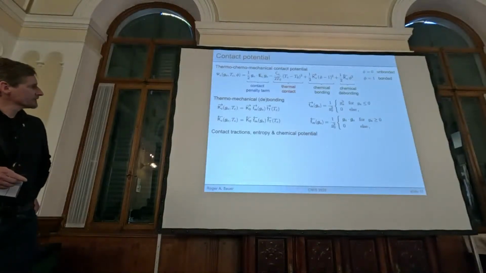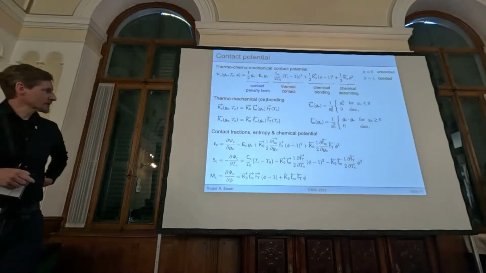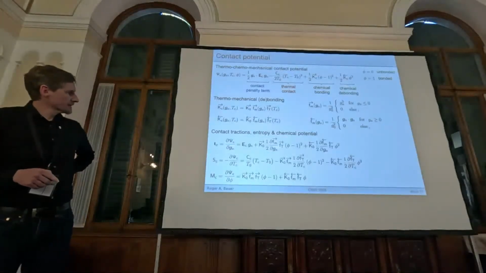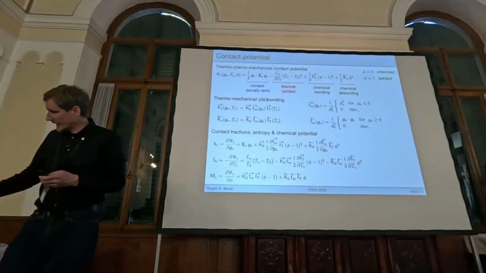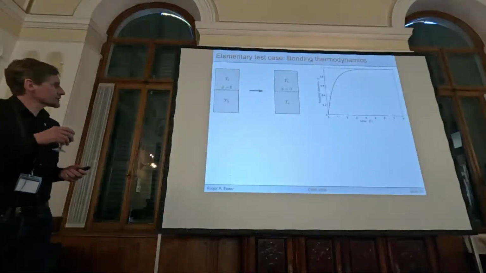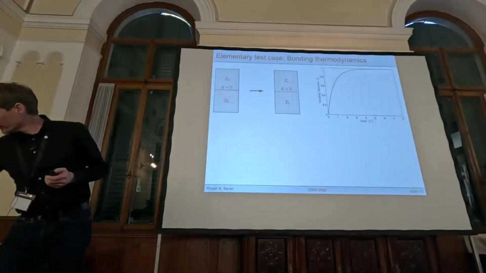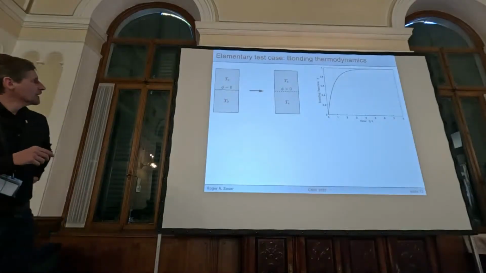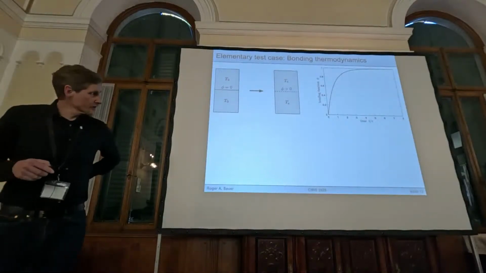And then one can derive the tractions, the entropy, and this chemical potential. And of course, one will get lengthy expressions because of all these dependencies, but then it's still, as mentioned, the simplest setting, I would say. And one can also study this analytically. So this is shown on this slide, which is looking at bonding of two simple specimens under uniform temperature, also uniform interface conditions.